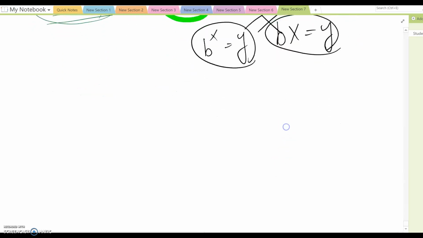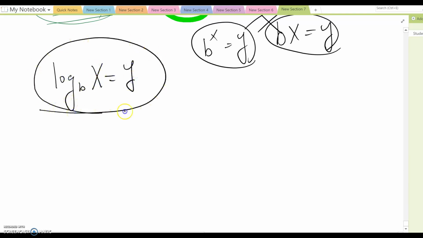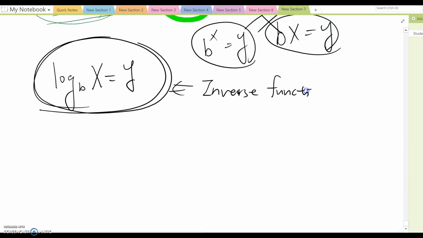Therefore, he put log in front, and that equals the logarithm function, which is the inverse function of the exponential function.